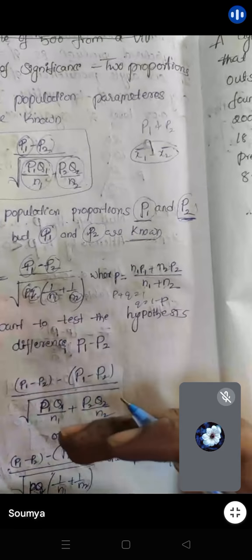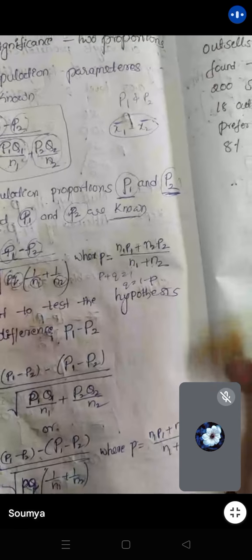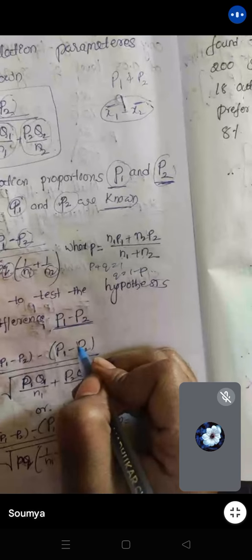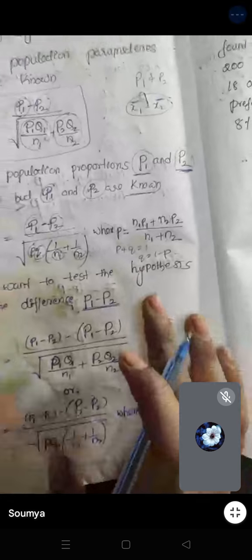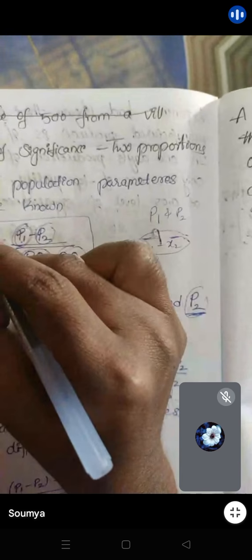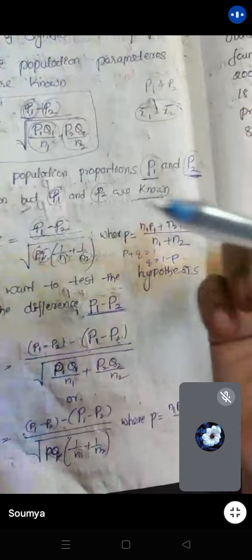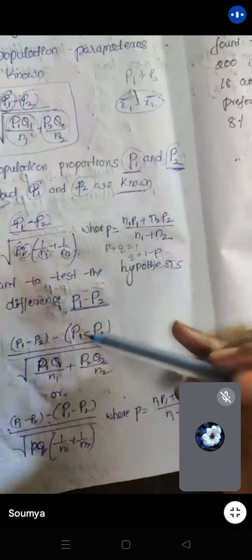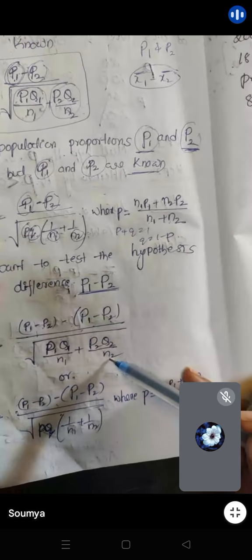Now in some questions we have difference also. They will ask for that, replace that by difference. Same formulas, but if you know capital P1 and capital P2, it becomes p1 minus p2 minus (P1 minus P2). We have replaced it by differences, because in the question they will give the difference. So it is p1 minus p2 minus (P1 minus P2) by the same under root of P1 Q1 by n1 plus P2 Q2 by n2.